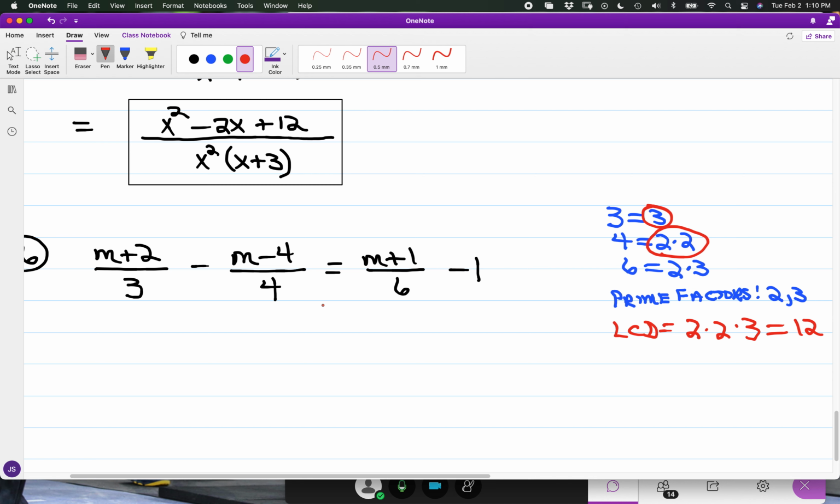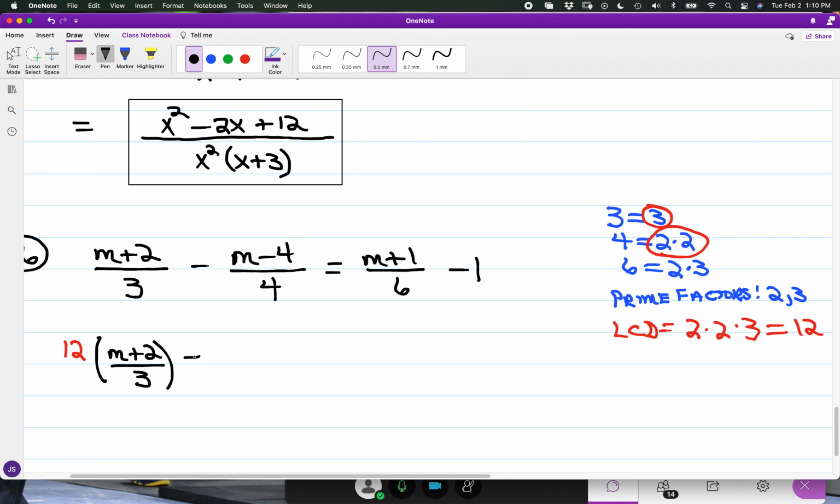Now, I'm not going to write all of these fractions in terms of the least common denominator 12. The reason for this is that I'm now working with an equation. So if you have an equation, you can use the least common denominator to cancel out the original denominators. So if I multiply everything by the least common denominator, we're going to have 12 times the quantity m plus 2 all over 3.